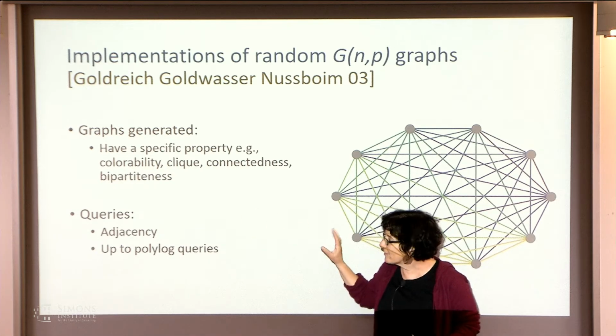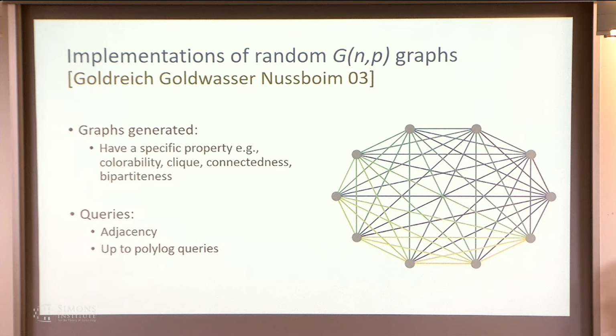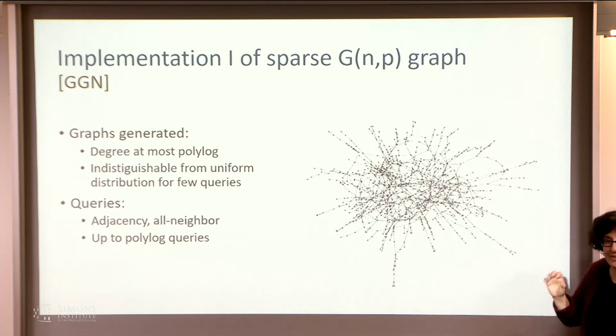This is one type of result from this paper. In this type of result, they talk about adjacency type queries. And there's usually some sort of limitation up to polylogarithmic. So the thing looks like a random graph that has a planted clique, as long as you don't take too many queries. There's a notion of truthfulness, so it will always have the planted clique.